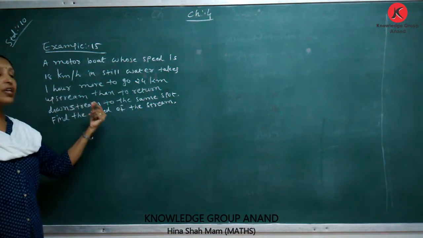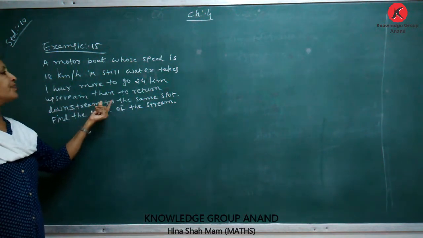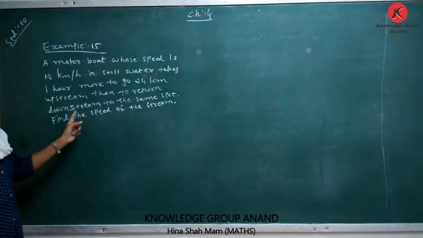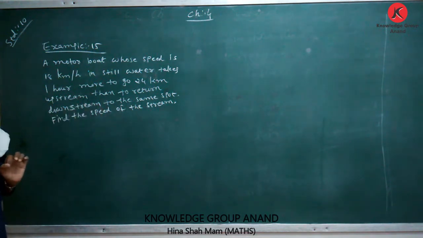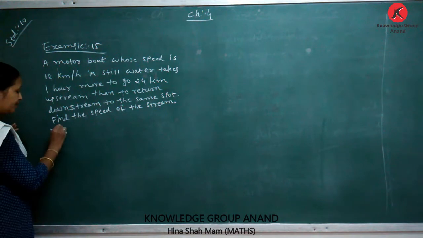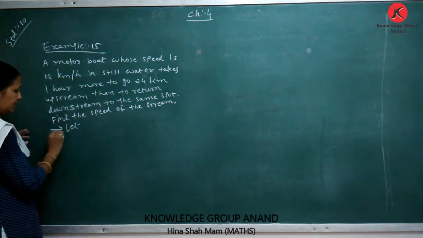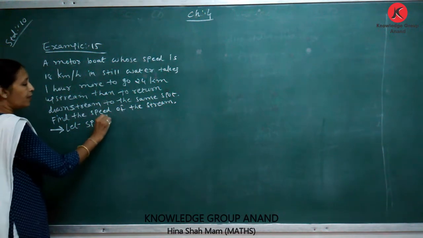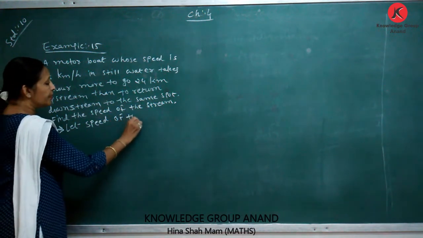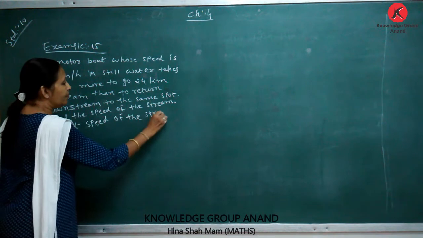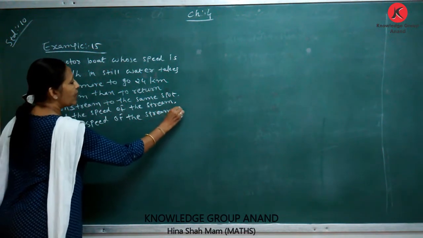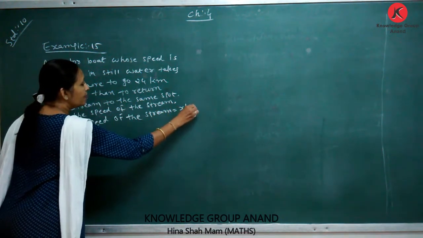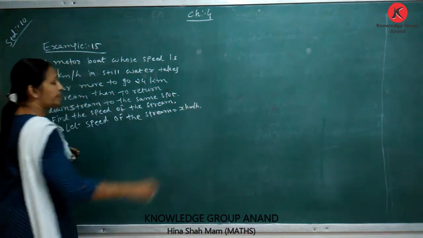Return 24 km downstream, then find the speed of the stream. Let the speed of the stream be equal to x km per hour.